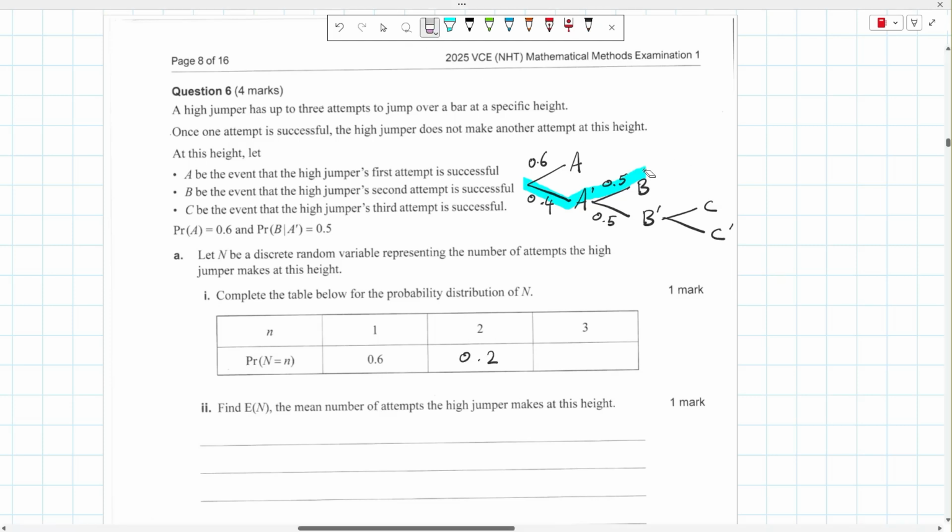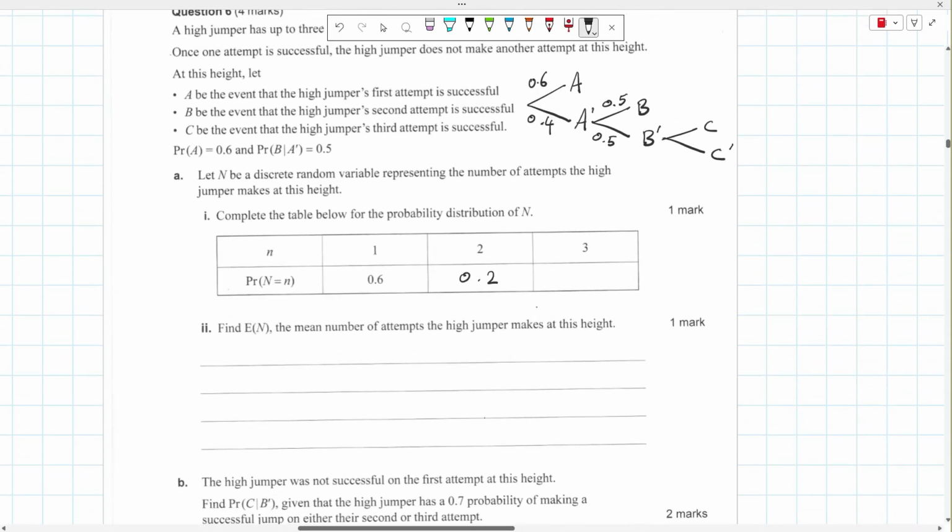Now you may be wondering, how do I find out the probability of there being 3 attempts, right? And I would say you don't need to do any sort of fancy thinking or any of that stuff that we just did, right? All you need to do is recognize that this is actually a probability distribution. So all the probabilities have to add up to 1.